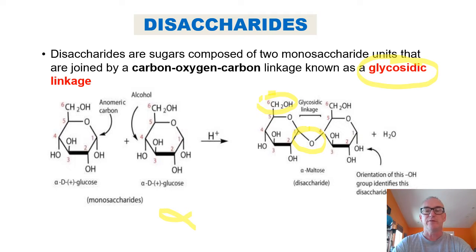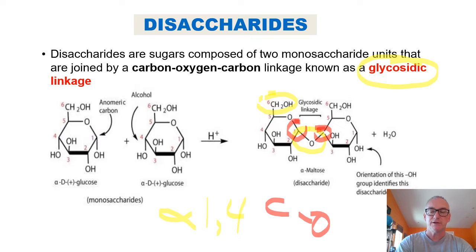In fact, we would refer to this as an alpha 1,4 linkage because it is linking carbon 1, or the anomeric carbon, of one disaccharide and carbon 4 of the other. And it is a carbon-oxygen-carbon bond.